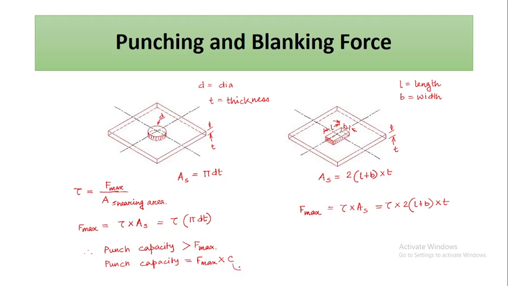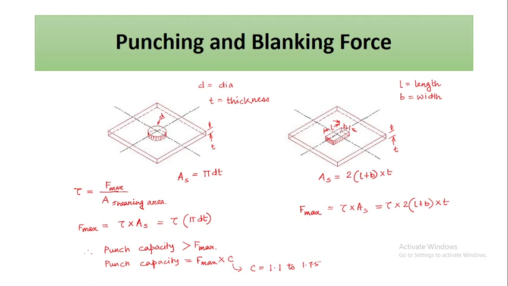So what is this amount? The value of C is generally taken as 1.1 to 1.75. That means we can say that the punch capacity will be needed around 2 times the maximum force required for punching.